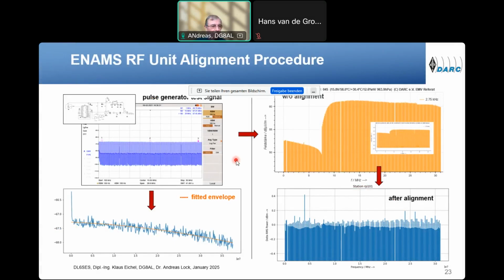And how is this done? Jörg Logemann provided a device, a so-called pulse chain generator. This is a small circuitry which generates very, very short and sharp pulses, and all the harmonics form this kind of spectrum.